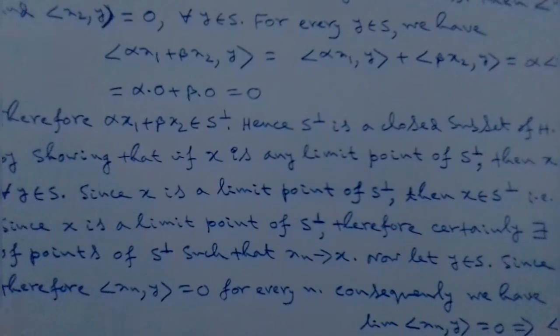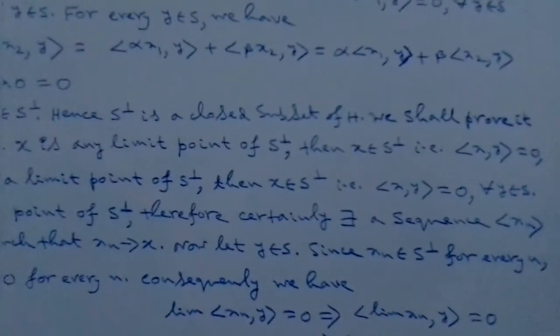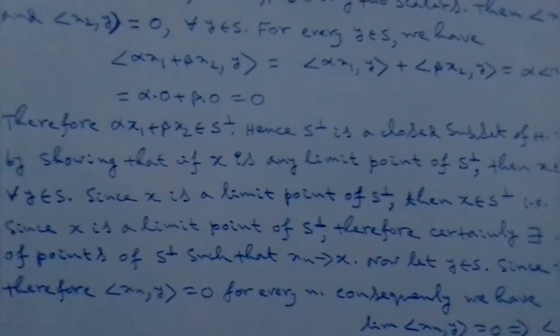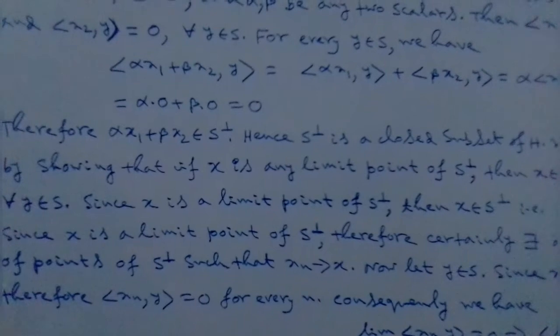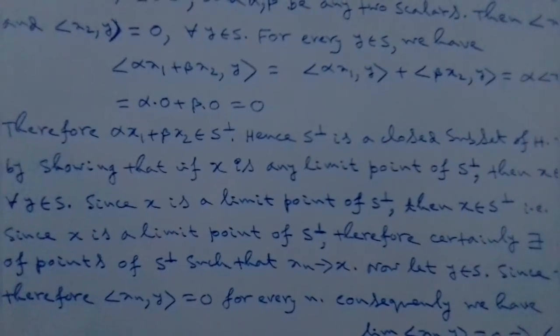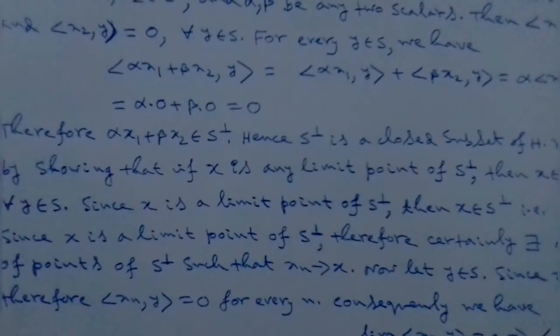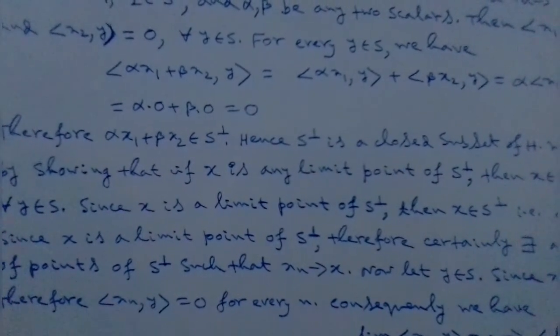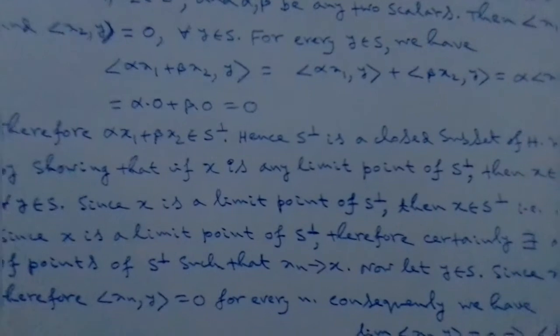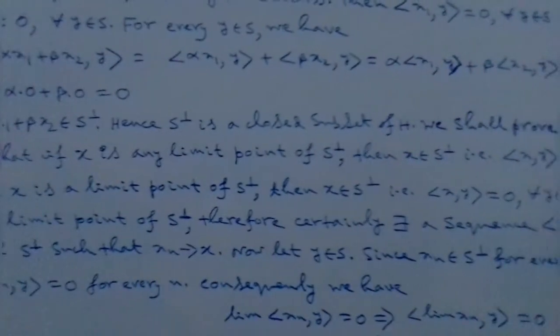As we say that x is a limit point of S perpendicular, certainly there exists a sequence xn of points of S perpendicular such that xn tends to x. That is the limit point; xn converges to x as a convergent sequence.